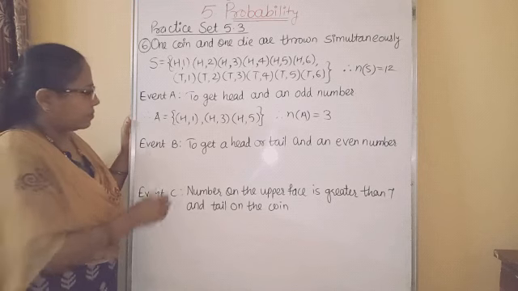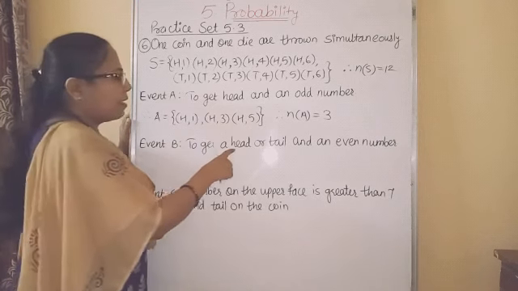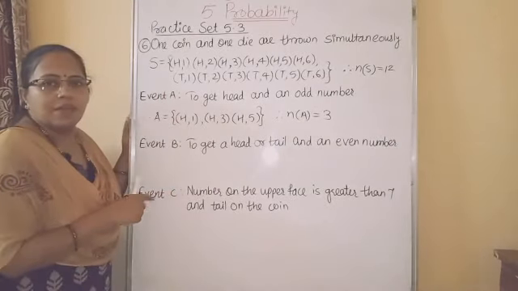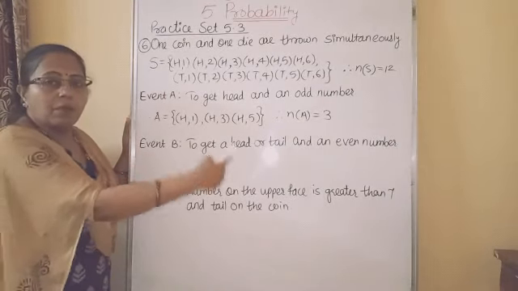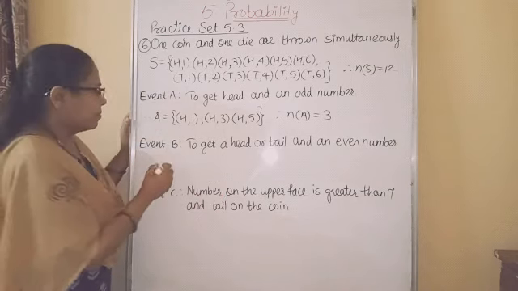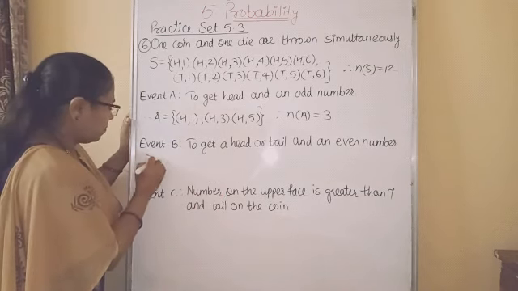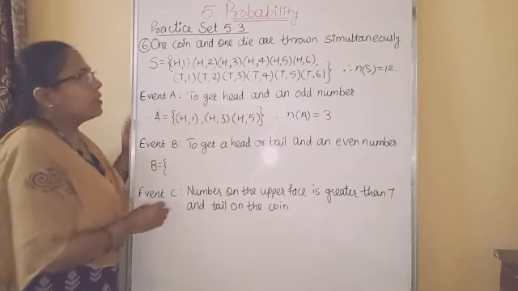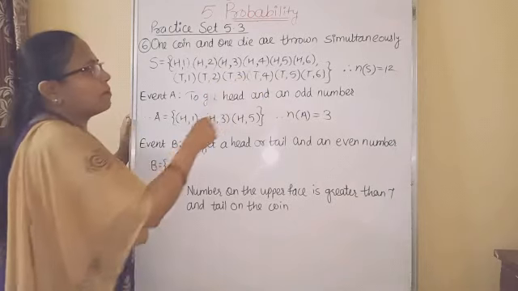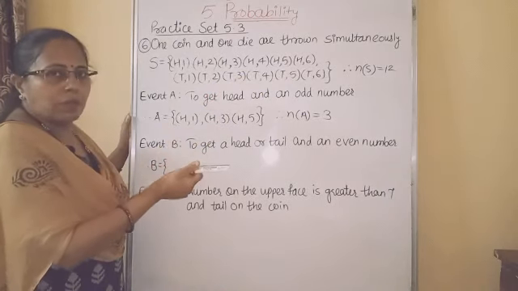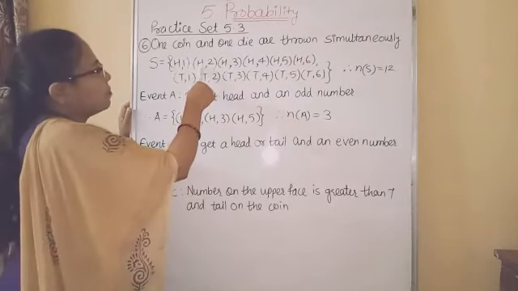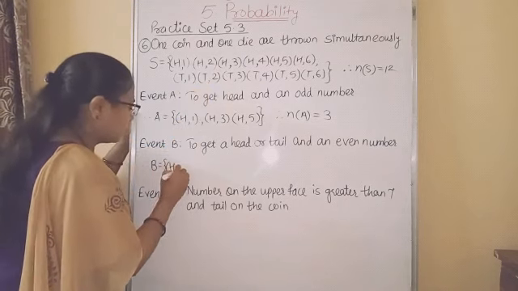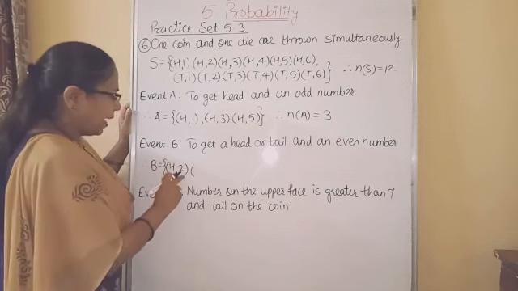Followed? Next is to get a head or tail and an even number. Head and tail, but from the die we require only even numbers. So we have to take the results in which an even number is there. Head and tail both are considered here. So the first result we will take is H2. Head and even number.